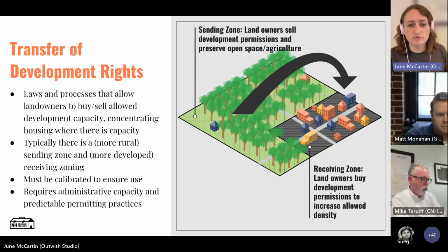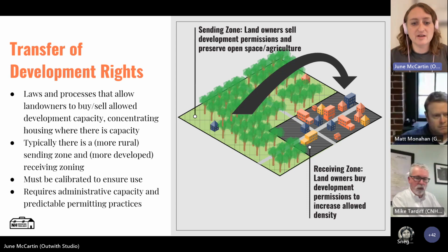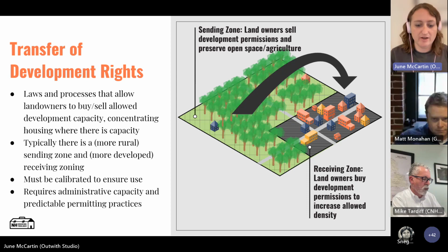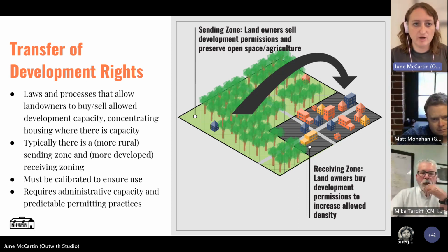The transfer of development rights tool says, okay, for folks in that more rural area, they can sell their development rights, what they're allowed to build, as a credit, and a landowner in the more built out area can buy that credit from that landowner and then has the ability to build more on their site. So that's the transfer of allowable development, the development rights there.